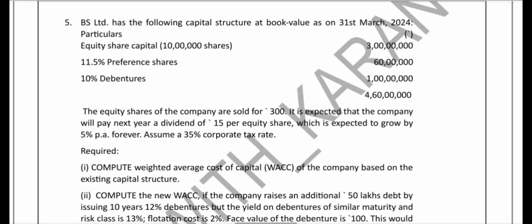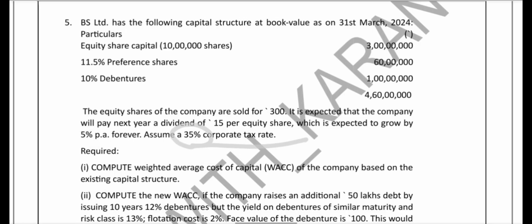So in the fifth question, they have given that BS Limited has the following capital structure at book value as on 31st March 2024: equity share capital, preference shares and debentures, and the total is 4 crore 60 lakh. The equity shares of the company are sold for 300, and it is expected that the company will pay next year a dividend of 15 per equity share, which is expected to grow by 5% per annum forever.